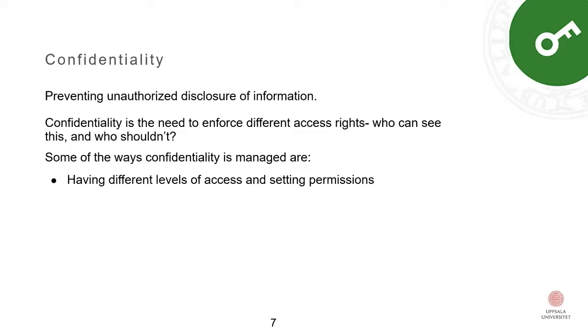Confidentiality is provided in different ways. For example, having different levels of access and setting permissions is one way. Others are authentication and encrypting data and files. We will talk about this in more detail.